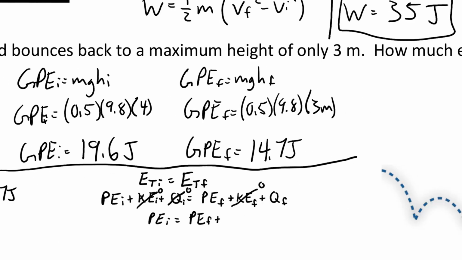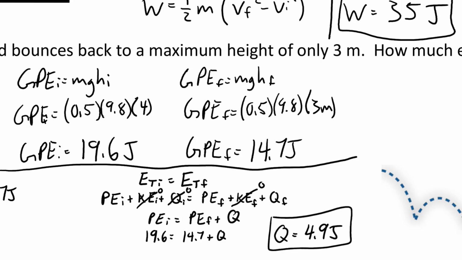That's where the energy went, into that weird Q thing. All right, so that's Q. So the initial potential energy is equal to the final potential energy plus whatever energy we have in the form of internal energy. You do the subtraction and you get an internal energy of 4.9 joules. All right, so that's where the energy went.